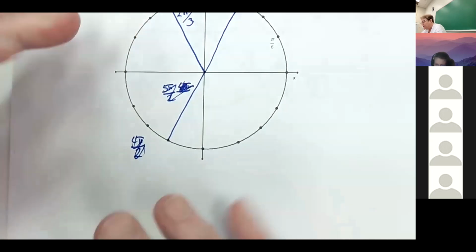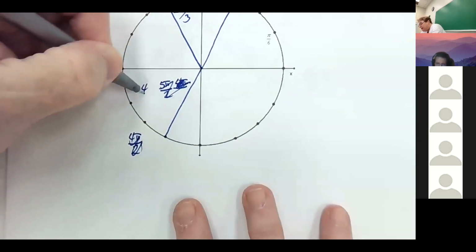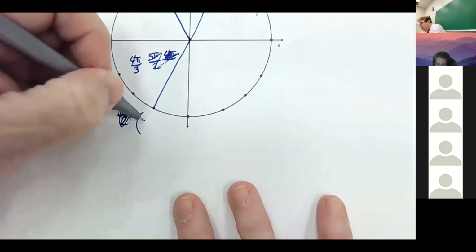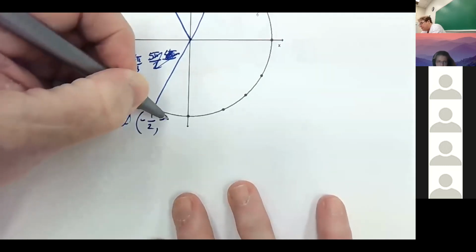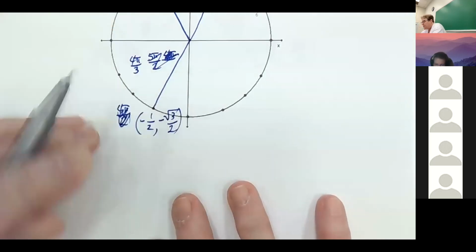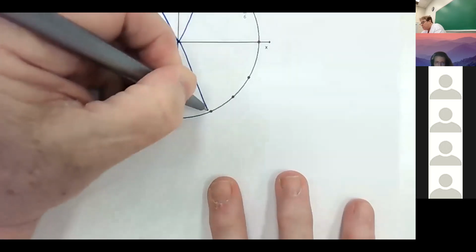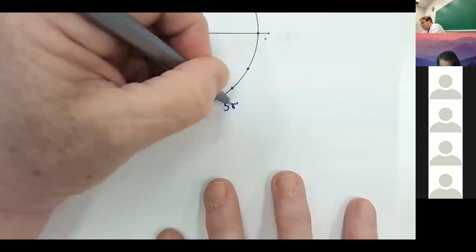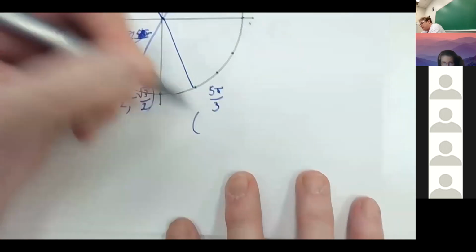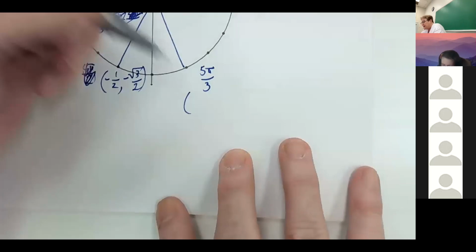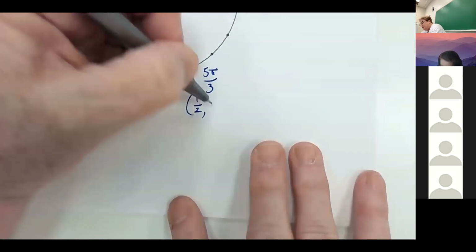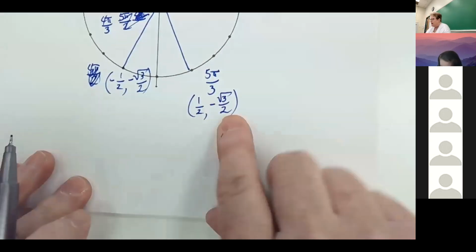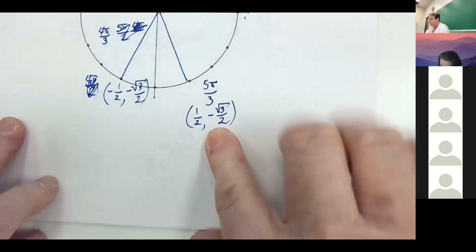Good grief, no wonder I'm really messed up. 4 pi over 3 is going to have coordinates negative 1/2, negative square root of 3 over 2, and 5 pi over 3 will have coordinates positive 1/2, because x is positive in the fourth quadrant, and then negative square root of 3 over 2, because y is negative in the fourth quadrant.